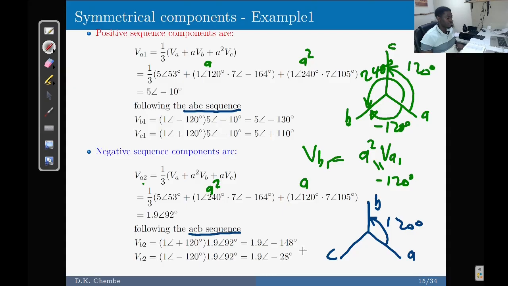1.148 degrees. And then to get to C, similarly here we could take the minus 120 degrees approach, or the plus 240 degrees to get to C. So this is 1 at minus 120 degrees, multiplied by 1.9 at angle 92 degrees, to give us 1.9 at angle minus 28 degrees.